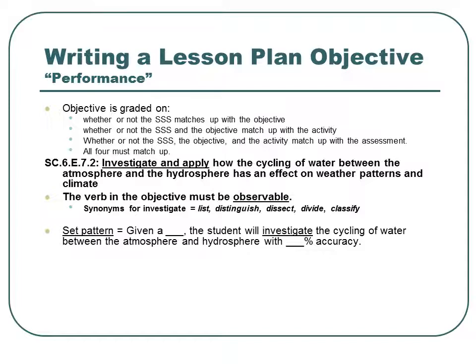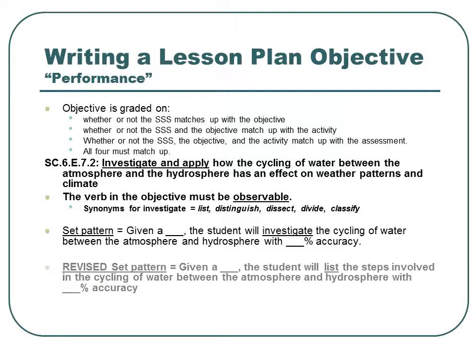I think I'll choose to use list instead of investigate in order to prove that he can do something, explain the steps, because of his investigation. So my revised objective will read, given a blank, the student will list the steps involved in the cycling of water between the atmosphere and the hydrosphere with blank % accuracy.